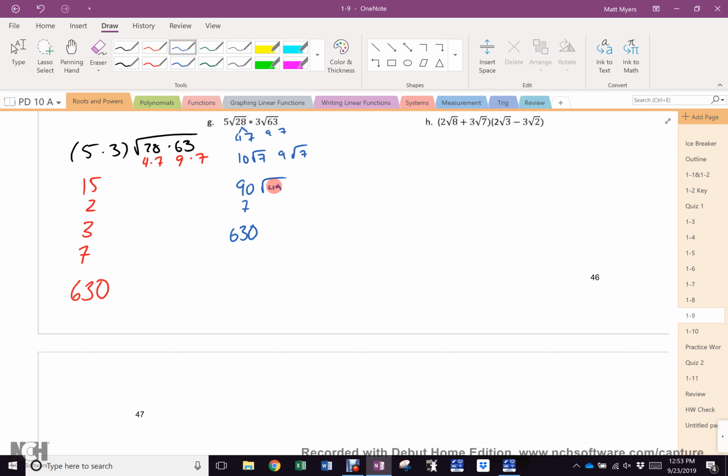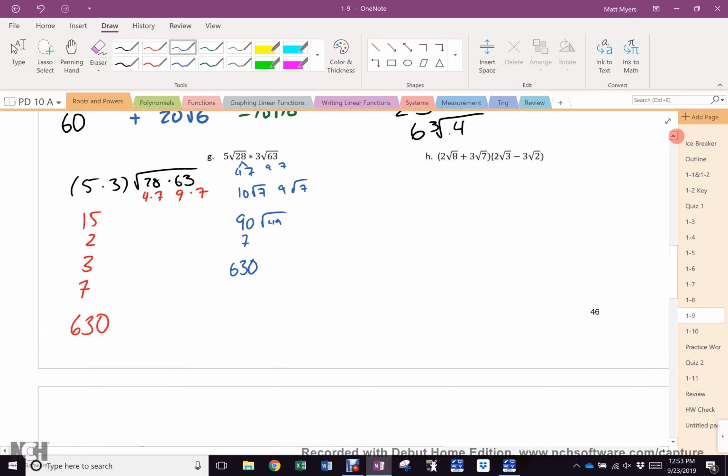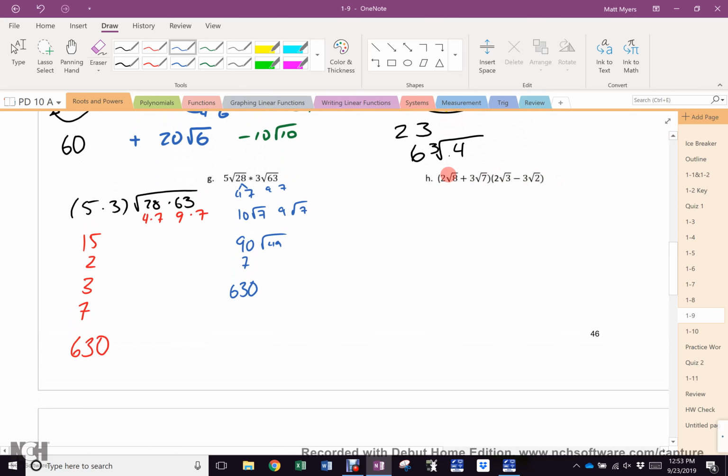Perhaps you should move closer. And this one, of course, looks a lot like the math we have already done. And it is, of course, double distribution. So you did this to get 2 times 2 root 8 times 3.